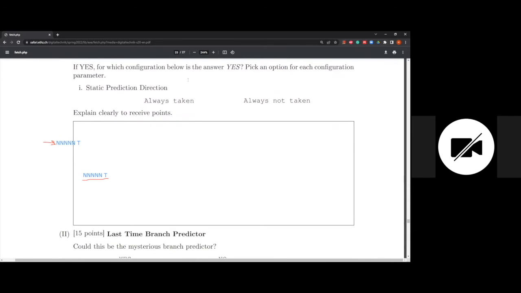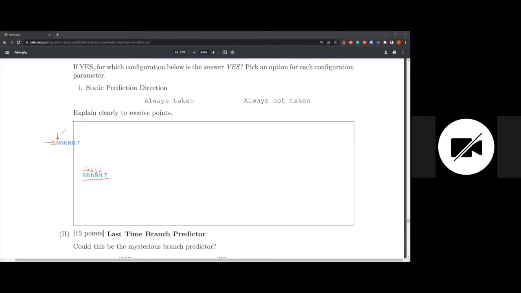The first branch here will be mispredicted, and then the next branches over here that should be not taken will also be mispredicted, right? So during the first iteration, we already mispredicted 6 times, and only the last branch here will be correctly predicted as taken.